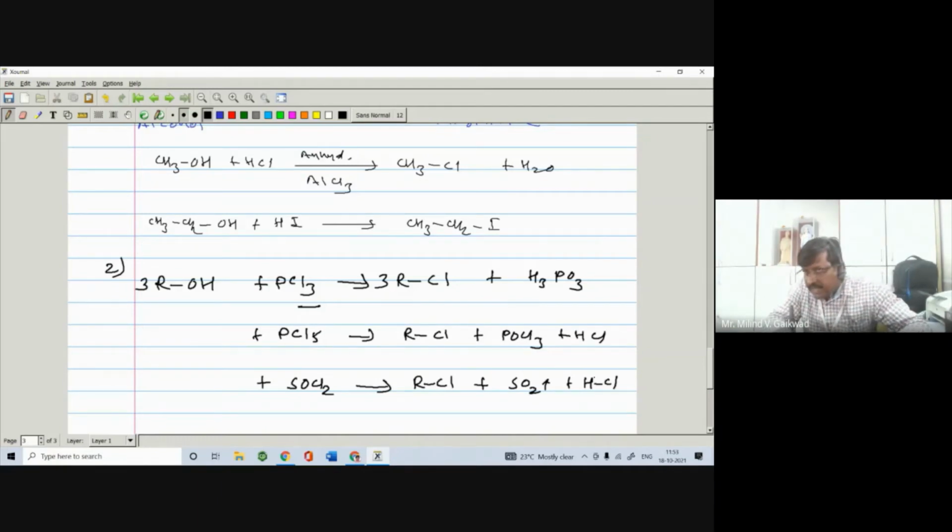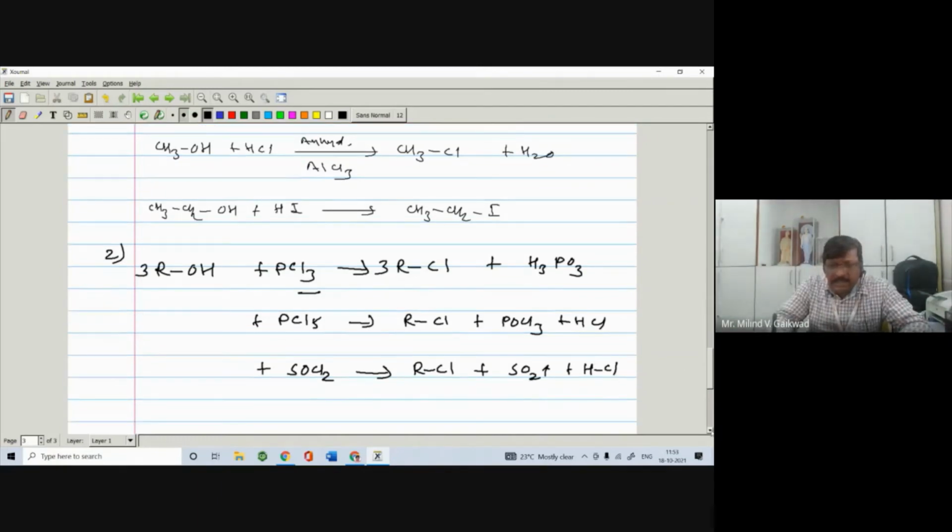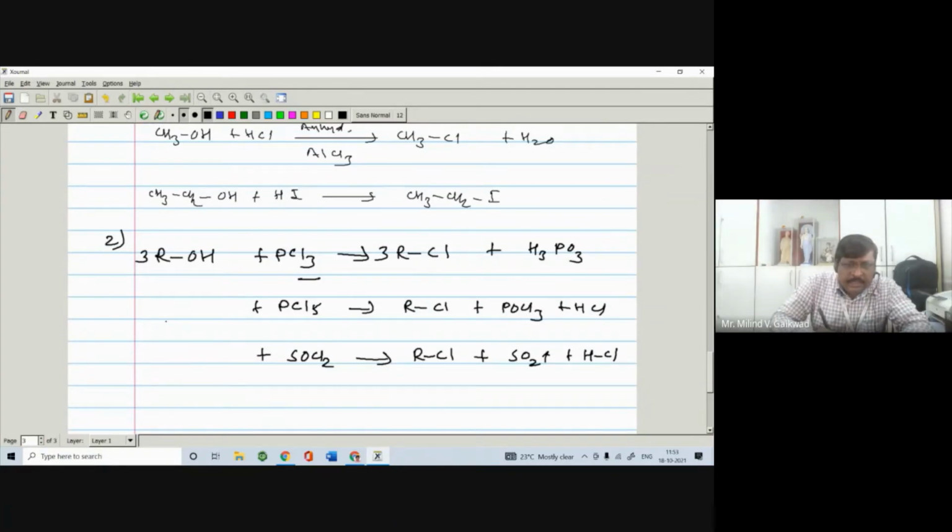So starting from alcohol, by reaction with HX, PCl3, PCl5 and SOCl2, we can prepare the corresponding alkyl halide. ROH reacting with SOCl2 gives the corresponding alkyl halide.